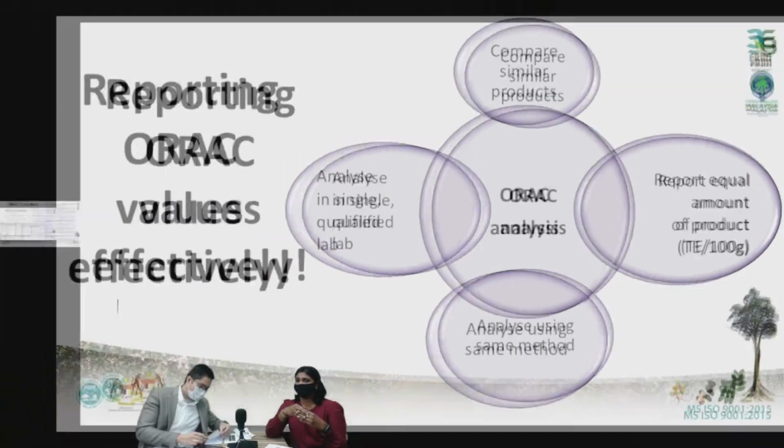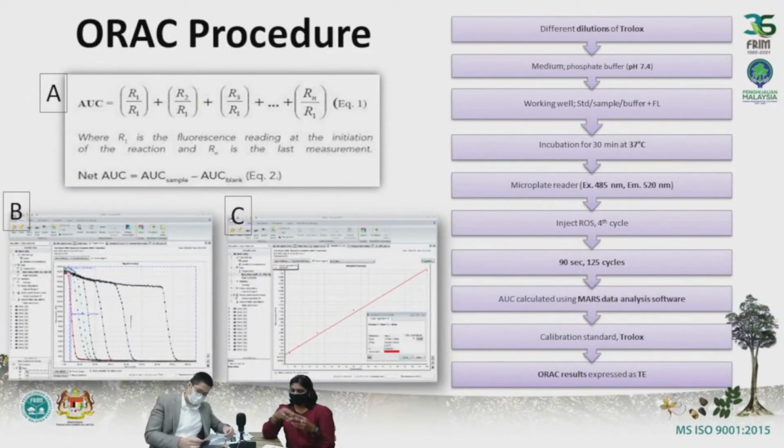Okay. So if we go back to the procedure, in your experience, for a first-time ORAC assay runner, what do you think is the main challenge in doing ORAC itself? Okay, the challenge or hurdle that we went through when optimizing the ORAC assay is the data analysis, because as I mentioned, there are 125 cycles.